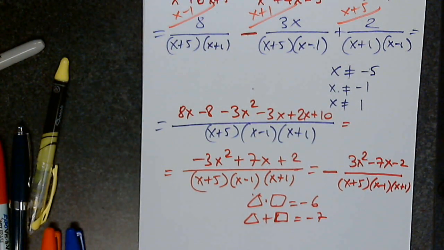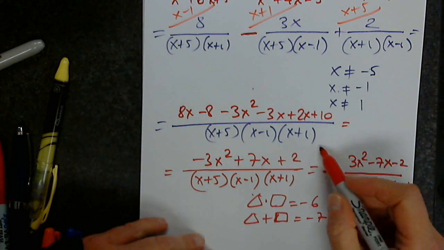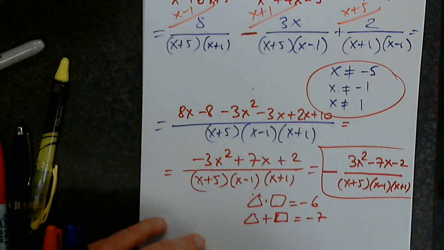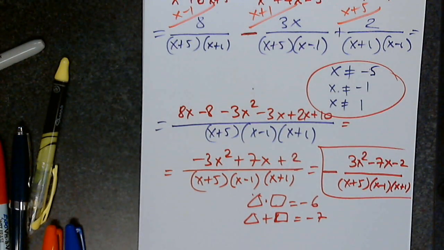If the product is negative 6, one has to be positive, one has to be negative. I can never find two numbers whose product is negative 6 and whose sum is negative 7. So this is it. But at least I tried. So this is the simplified form, assuming conditions are fulfilled.